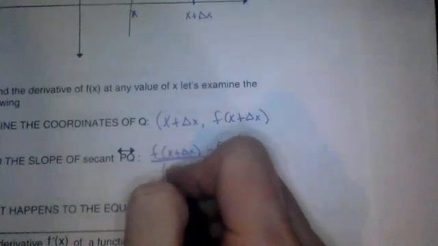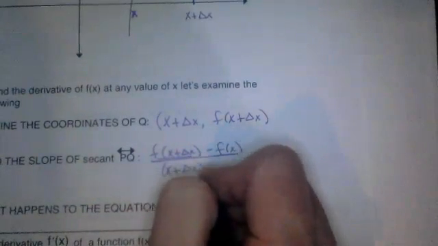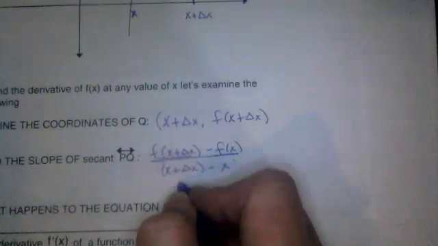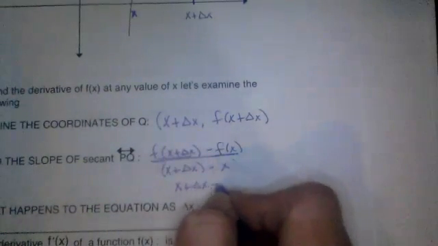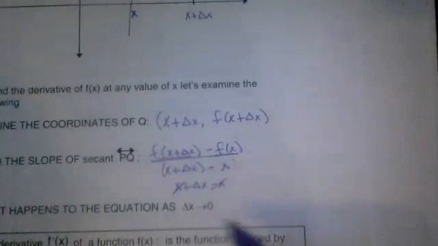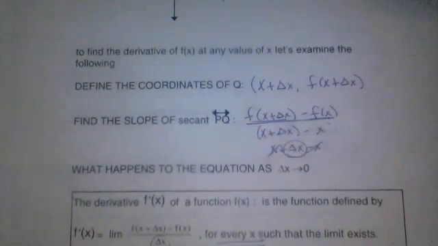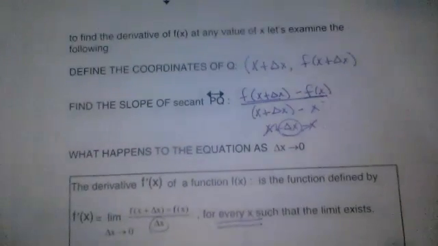All right, so this is x plus delta x minus x. They have to be in the same order. And so then I have x plus delta x minus x. The x's zero out, and all I have left is that delta x. So that's why when we look down here at the formula, there's only a delta x down there.